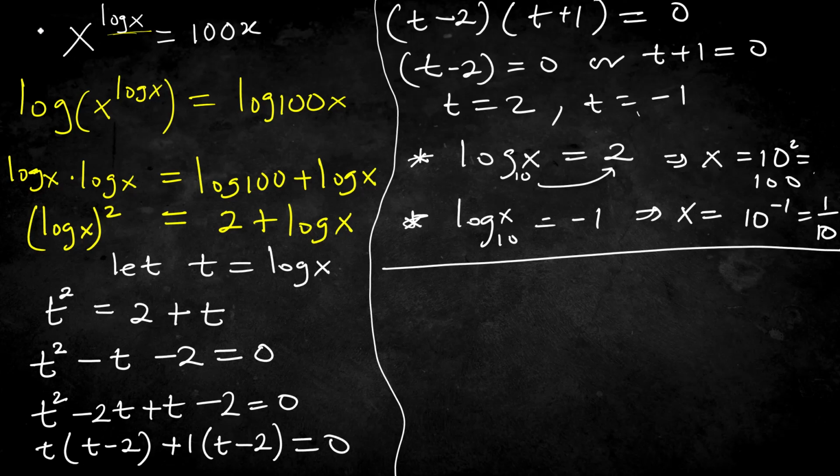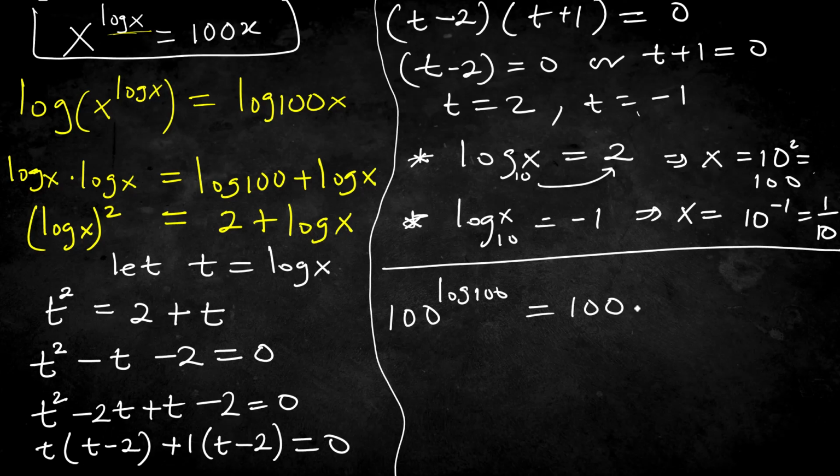Now we have x raised to log x, let's plug in 100. So we have 100 raised to log 100 equals 100 times 100. So log 100 here is 2.